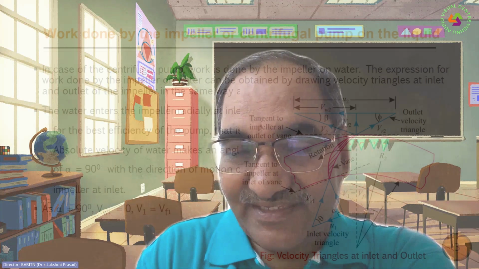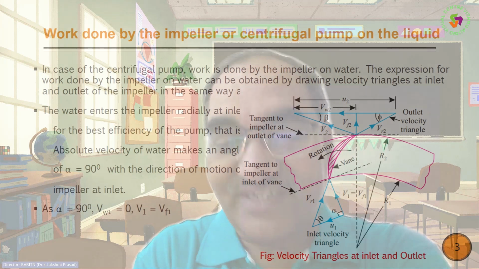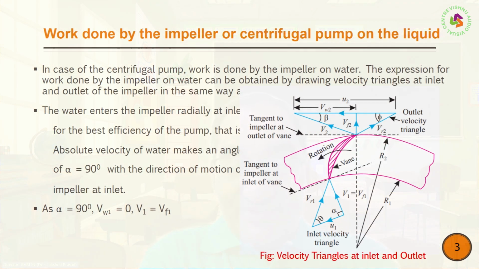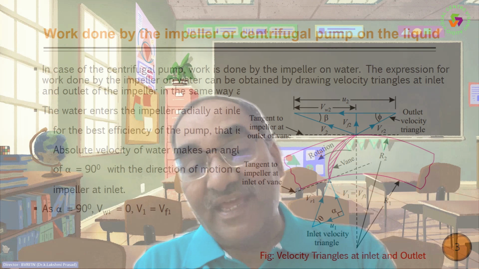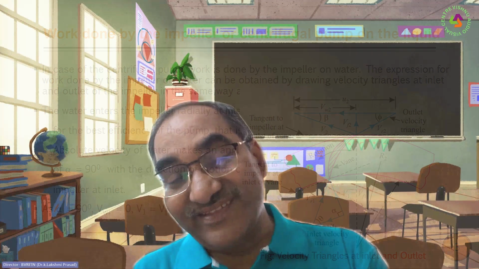Whereas if you recollect for a minute regarding the turbines, especially the reaction turbines, the water rotates the runner. Work is done by water on the runner and energy is transferred from water to the runner.